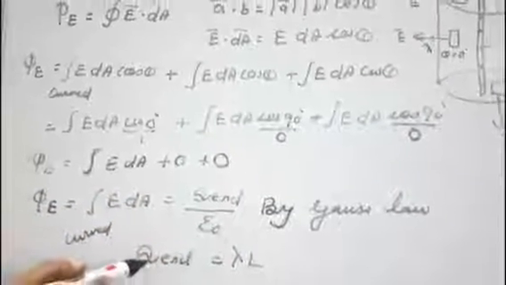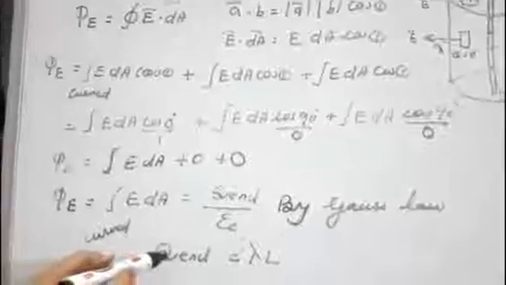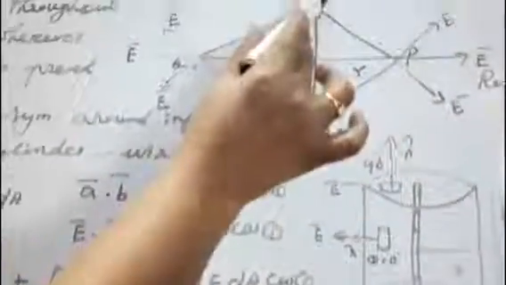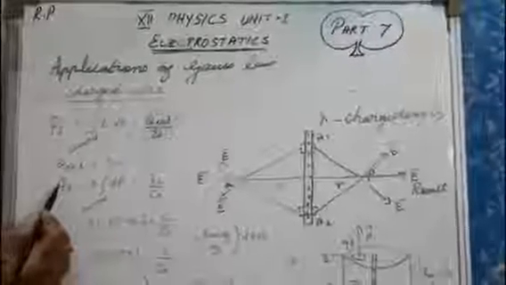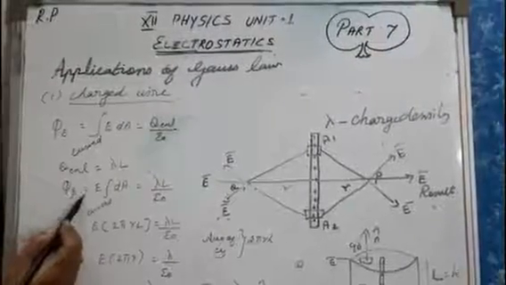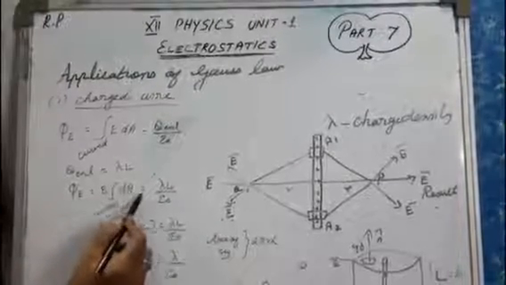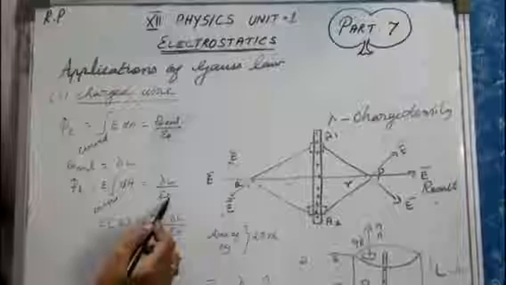Now, in this charged wire, the length is L, which is equal to height, and lambda is the charge density. Therefore, Q enclosed value equals lambda into L. Phi E is equal to E into integral of curved surface dA equal to lambda L divided by epsilon naught.